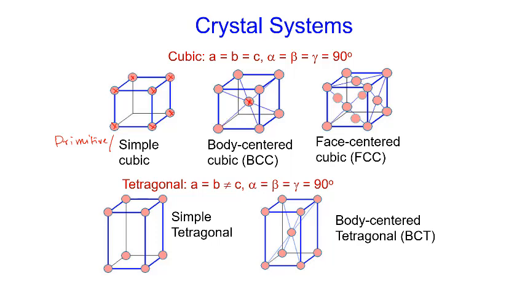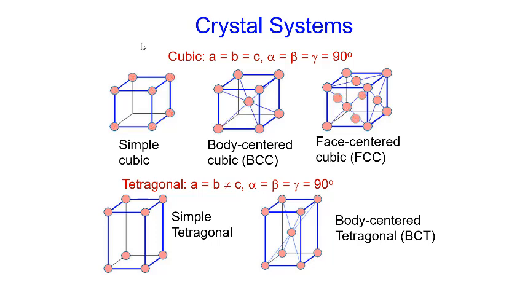Okay, this point over here. All right. Similarly, in the face centered structure, apart from the corners, you have a lattice point at the centers of each of the faces. So that is face centered cubic or FCC.